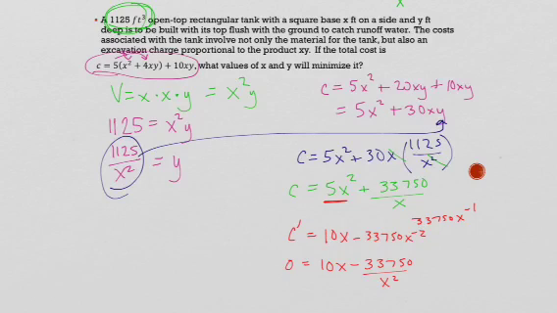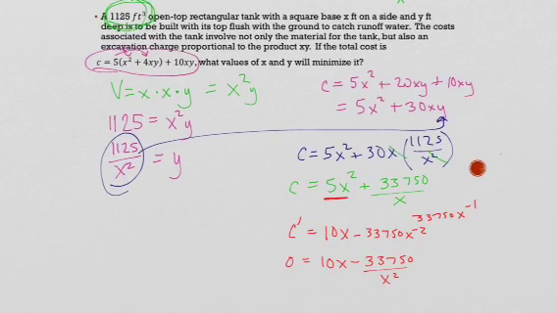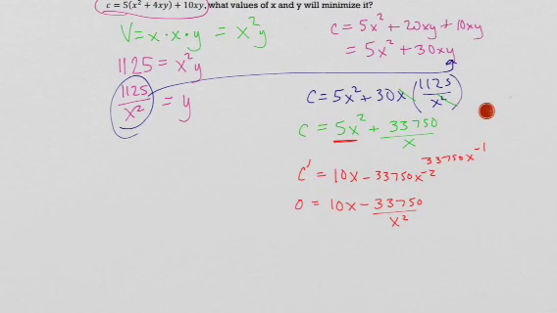You get a couple options here. I would recommend finding a common denominator first. So in order to do that, x squared is our common denominator. So we're going to have 0 equals 10x cubed minus 33750. You can solve this for x cubed. So add your 33750 to the other side, equals 10x cubed.